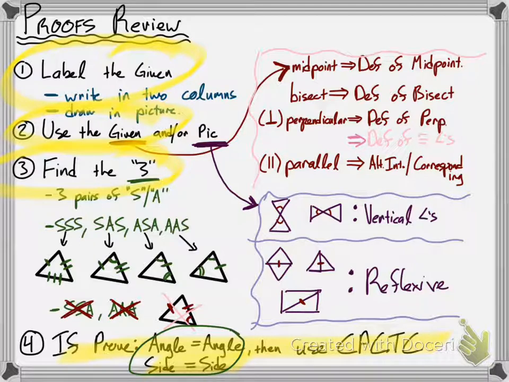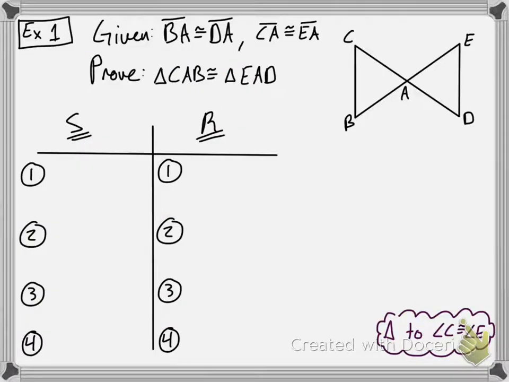So before we get into an example, we're going to just review a proof really quick. We're going to go through our process. So we're going to label the given. We're going to write that in our 2 columns. So we have BA is congruent to DA.